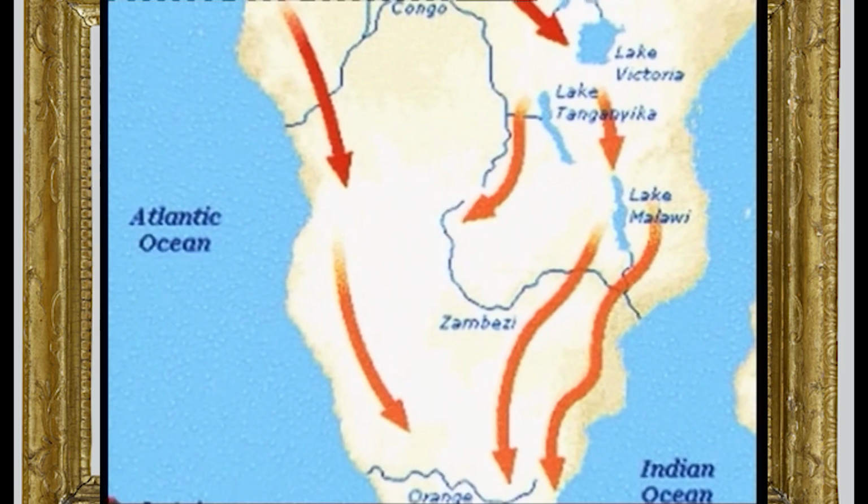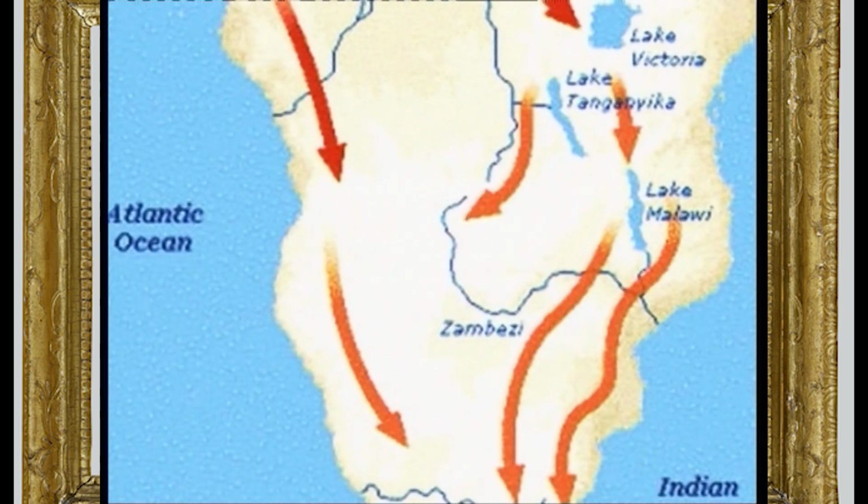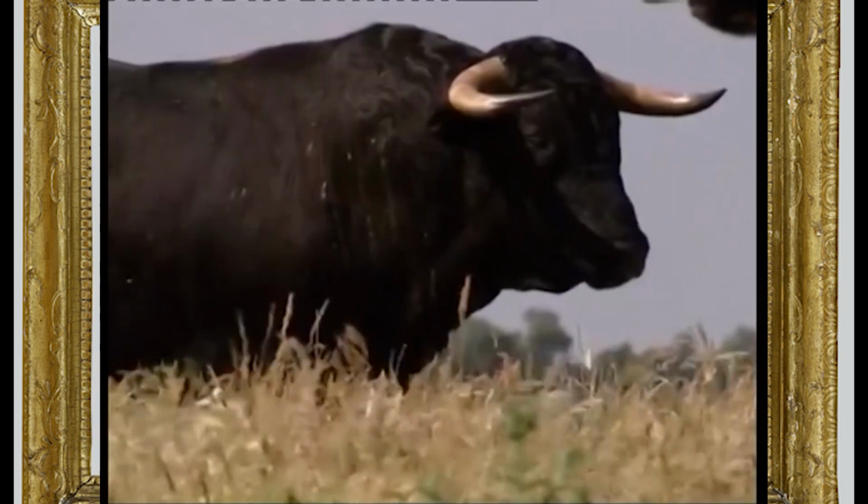Mostly the last 3,000 years ago, 2,000 years ago, those are the very familiar dates for cattle domestication in Southern Africa.